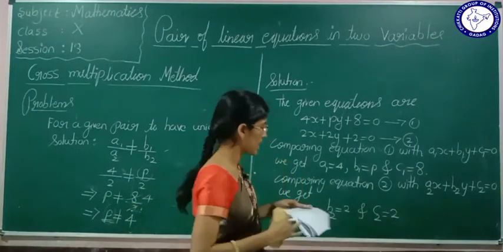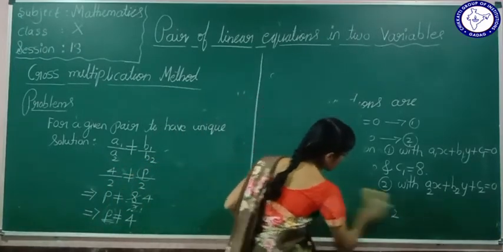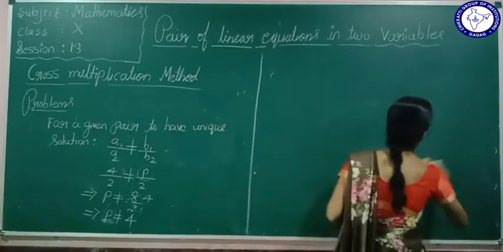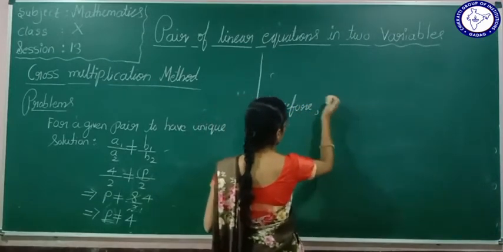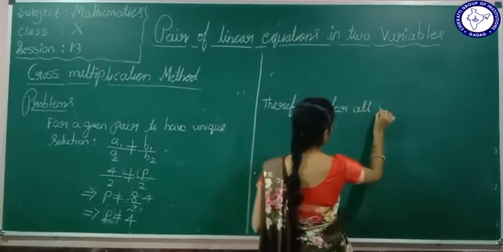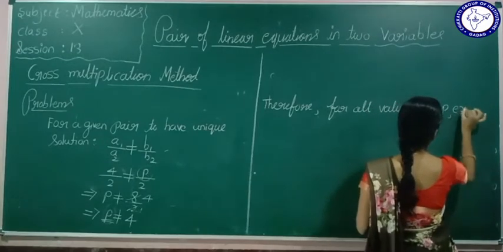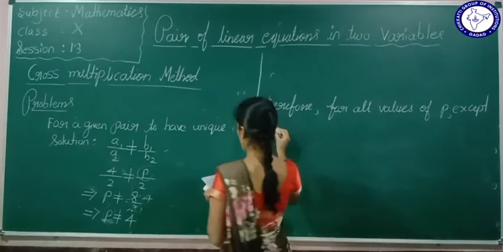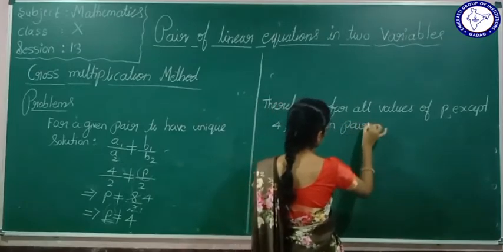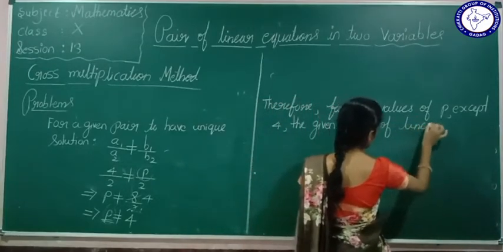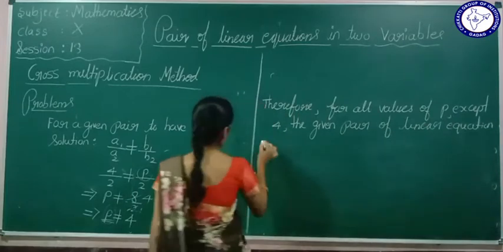Okay, so what we can write here, conclusion means, the conclusion of this is, therefore for all values of p except 4, the given pair of linear equations have a unique solution.